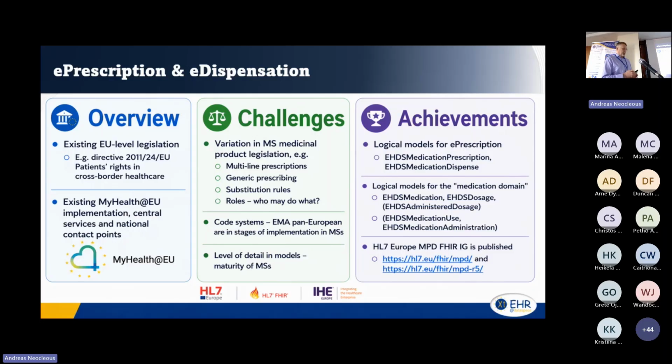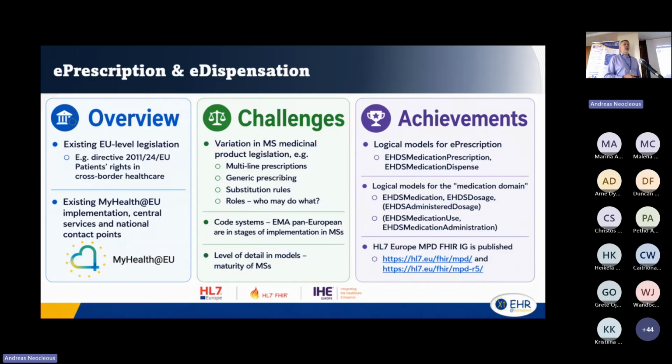But from the other perspective, the EHDS has a slightly wider scope than just cross-border. This is about all EHR systems in all member states. So we also had to consider the impact on the national level, where there is different medicinal product legislation, and this is a member state concern.